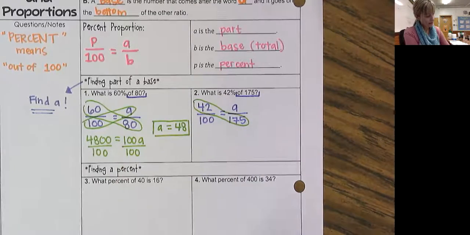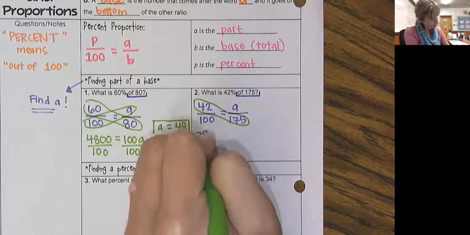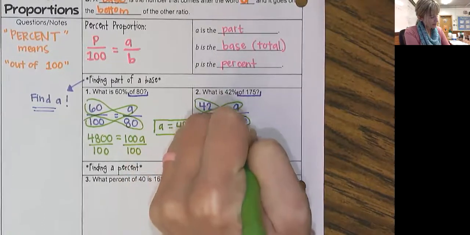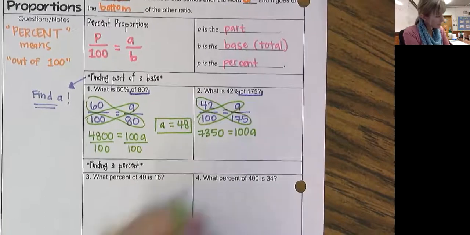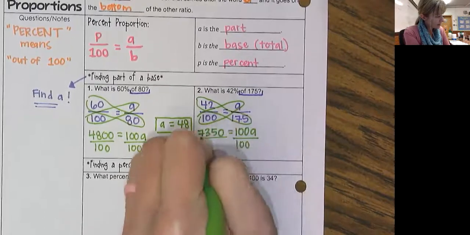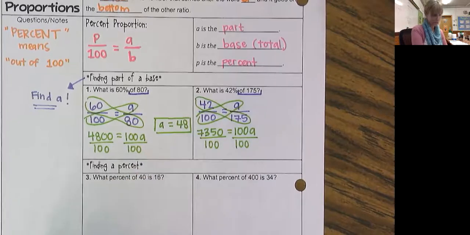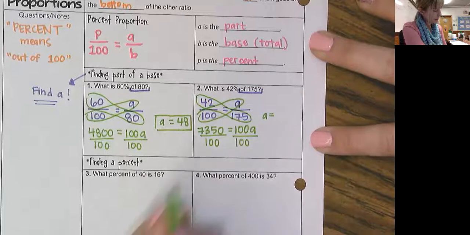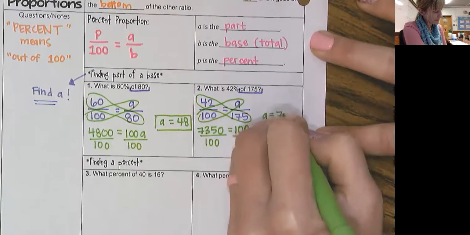I get 7,350 equals 100A. I'm going to divide by 100, divide by 100. You can type that in your calculator or use your mental math and understand how dividing by 100 moves those decimal places. 73.5.